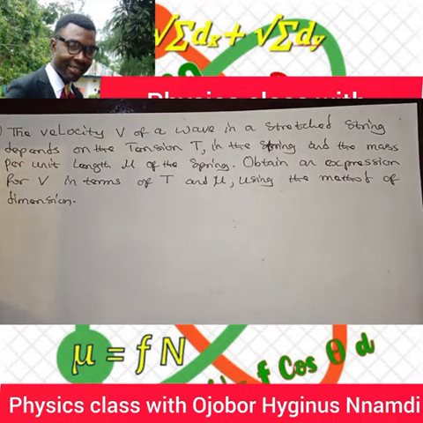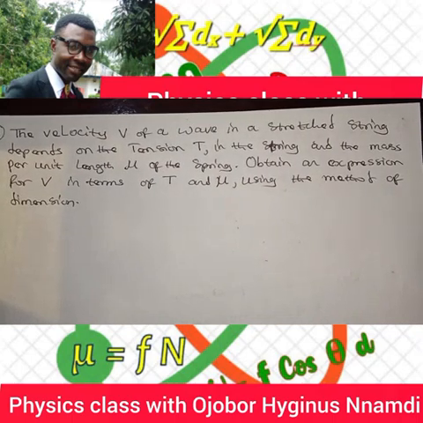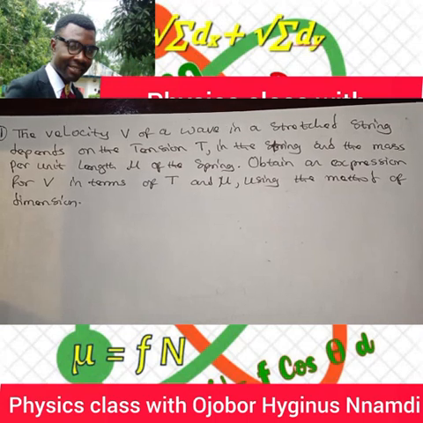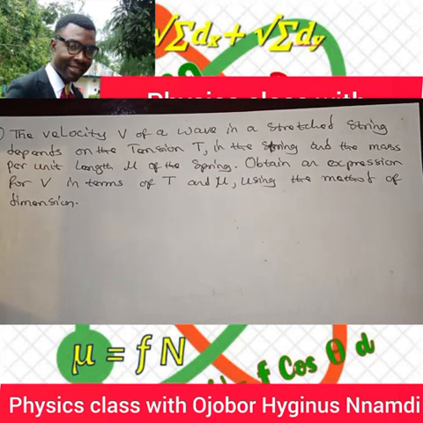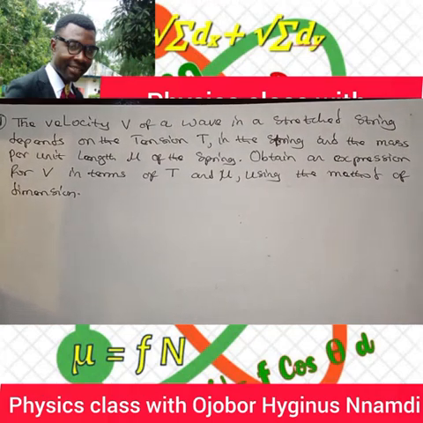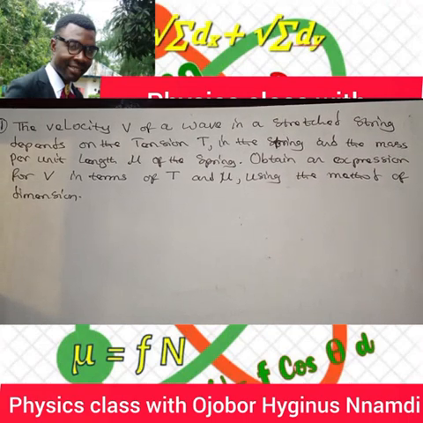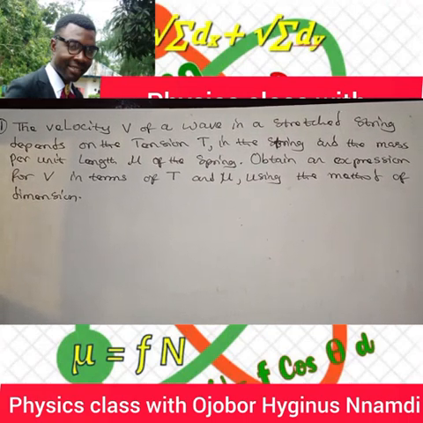Velocity is velocity, whether it is of a wave, whether it is of a body in motion, whatever it is, velocity remains velocity, and the formula for velocity remains what it is. The unit remains what it is, and of course, the dimension will still be the same, irrespective of what velocity is being referred to.